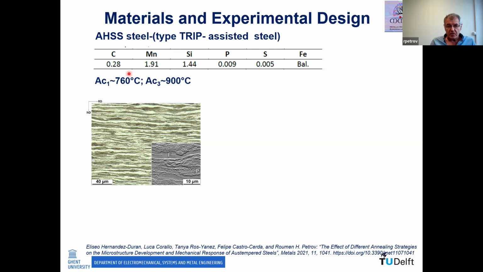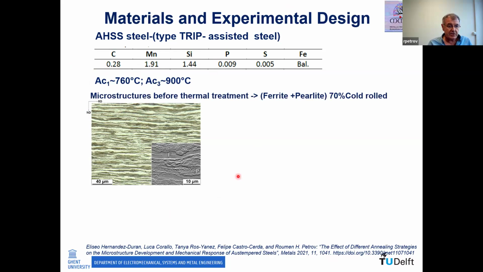So this composition was with an initial structure of ferrite and pearlite, cold rolled 70%, and then the Ac1, Ac3 temperatures were in this range. As I said, here you can see the microstructure. After characterization, we made a treatment on the Gleeble device.